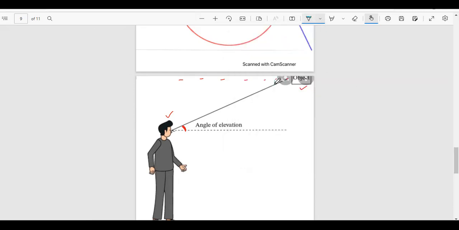Now, this angle is the angle of depression. Why? Because if someone is up there and wants to see down, they will look down by this angle. Since they're seeing down, it is called the angle of depression. And it would be the same.